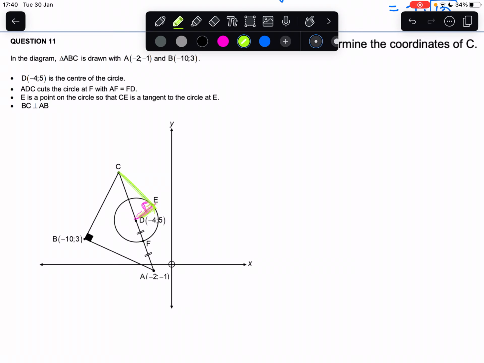Then I know the gradient, and using the point E, I can find the y-intercept. And if I know the equation of this line, I can also easily work out the equation of this line because I've got the two points D and A on it. Then I can find the point of intersection, and then I will have found C.